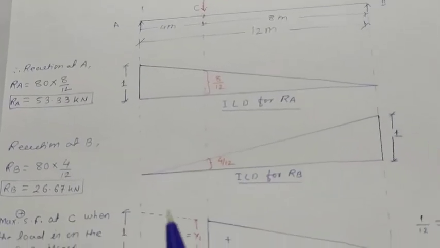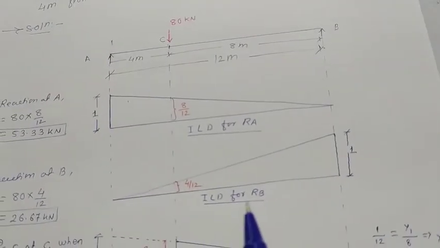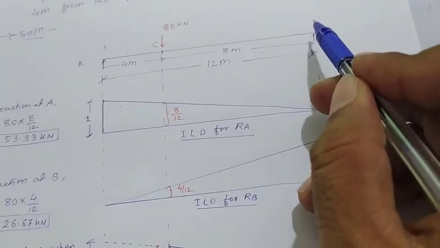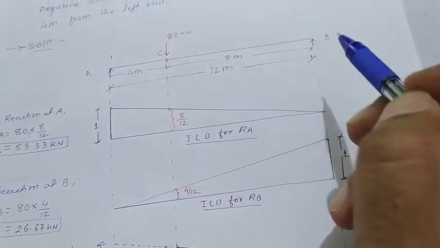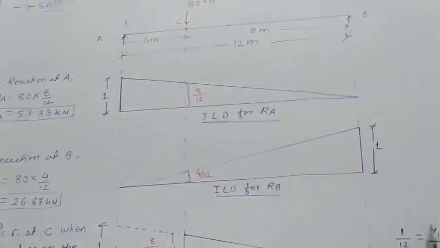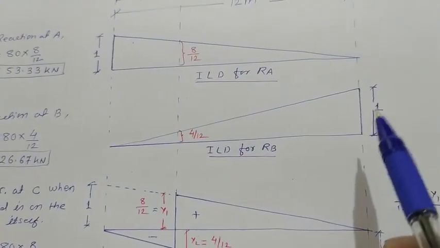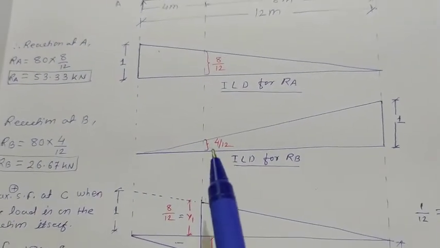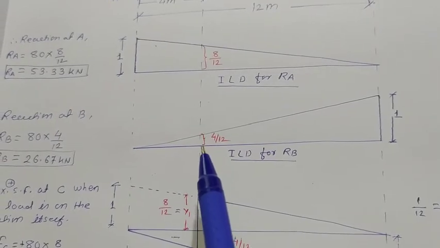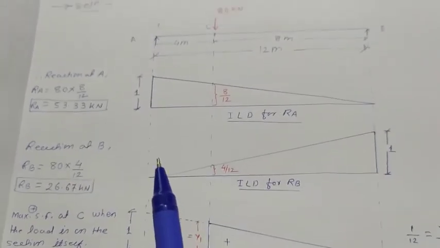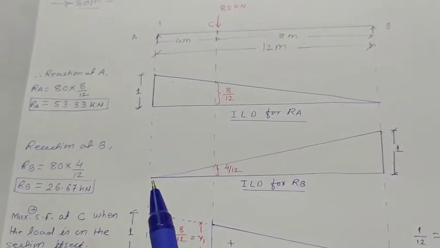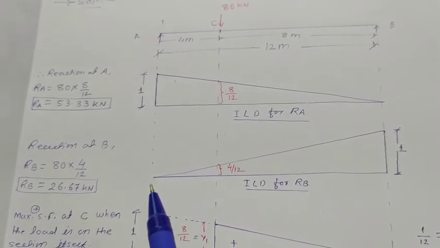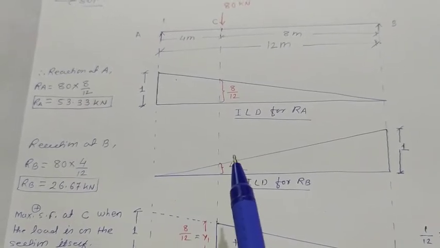Similarly, the reaction at B, the ILD for RB. I will remove all the loadings and only apply a unit load at B. So the reaction becomes 1 at B and 0 at A. I have to find the vertical ordinate at point C. Point C is 4 meter from A, and you always measure from the 0 point, so 4 by 12.